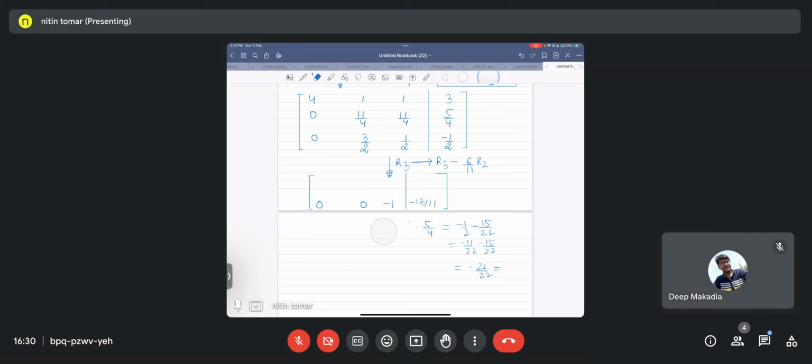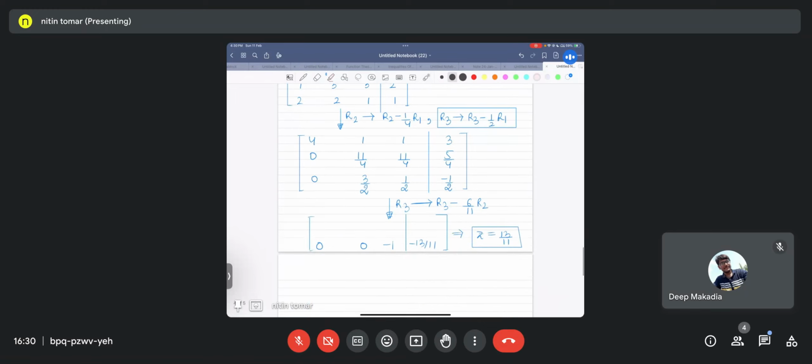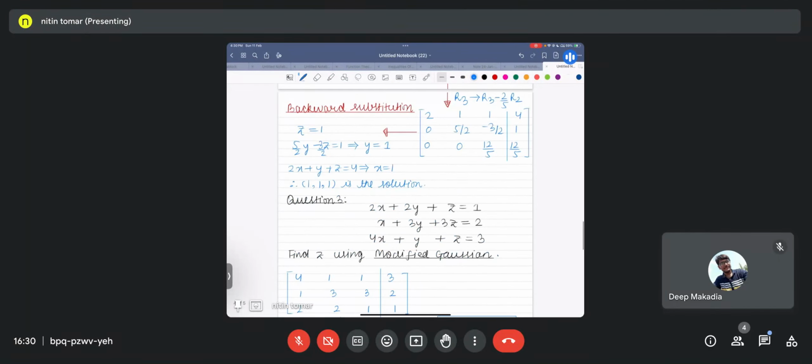So Z equals 13 by 11. Yes. Because we did only those computations which we need for the solution. Okay. So is this method clear? Yes, sir.